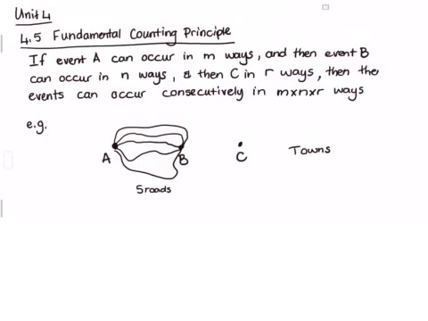So the first event is driving from A to B, can happen in 5 ways. And then from B to C, there are 3 roads.